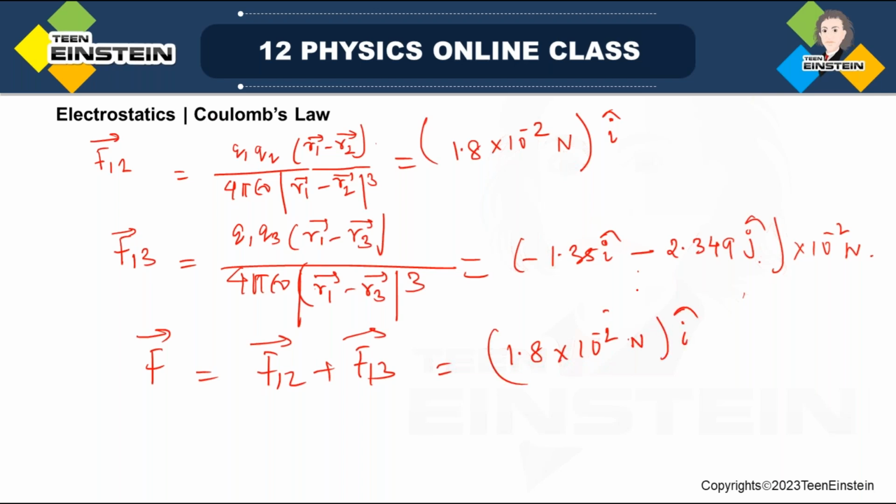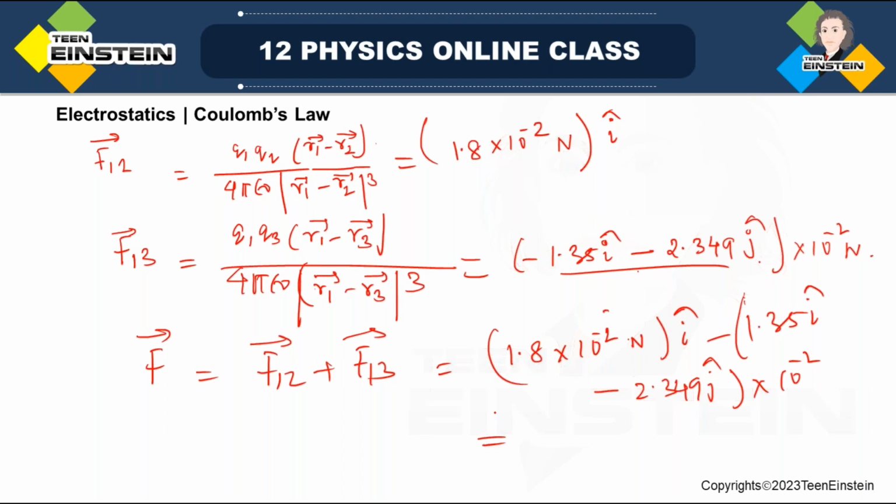I cap, and this part is also there, so minus 3.49 j cap into 10 to the power minus 2.